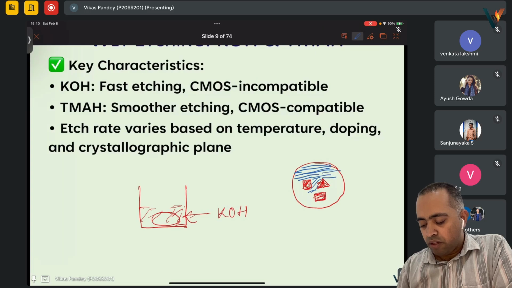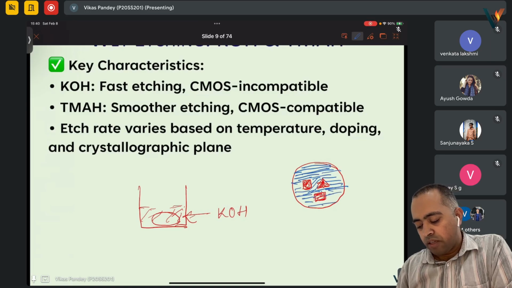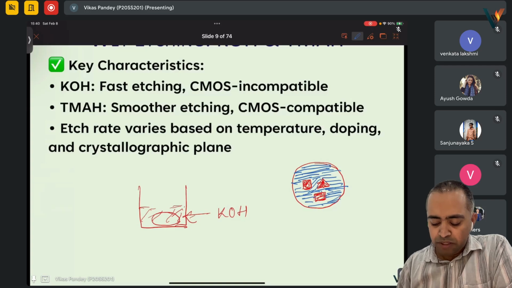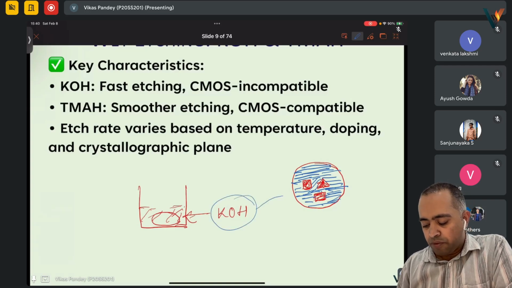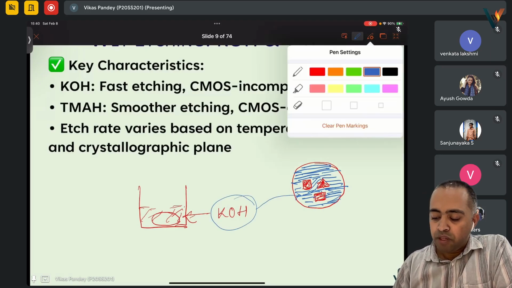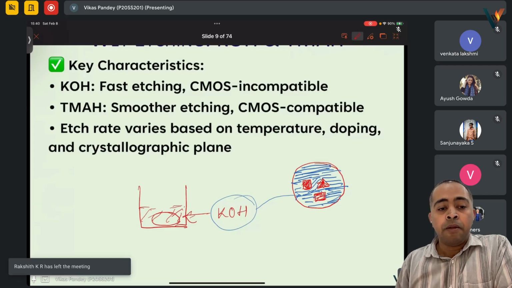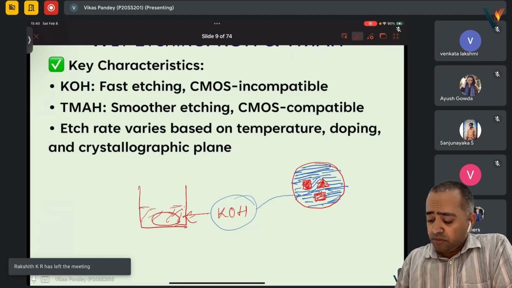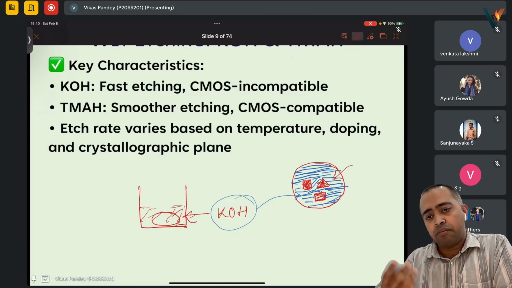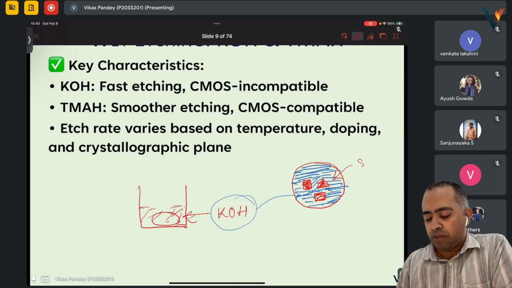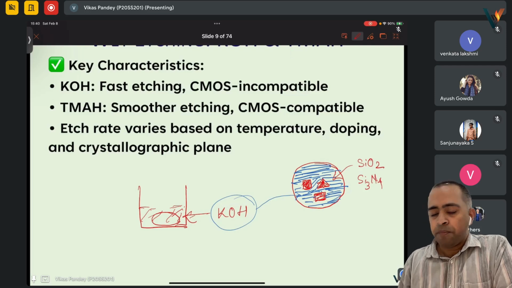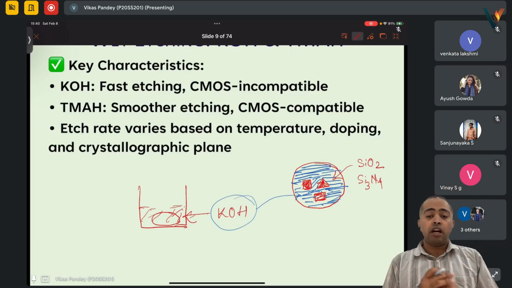We cover it with a chemical that does not get affected by the specific chemical, say KOH. KOH will not remove this material, but will remove the silicon. Some common masking layers for KOH and TMAH are SiO2 or silicon nitride, Si3N4.